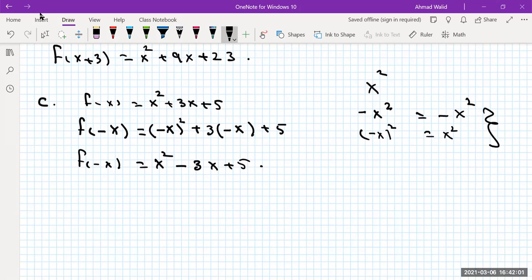I will stop this lecture here. I will do a part 2 for this. In part 2, I will cover the graph of a function, how to know if a given graph represents a function, and how to read the graph of a function. Correct?